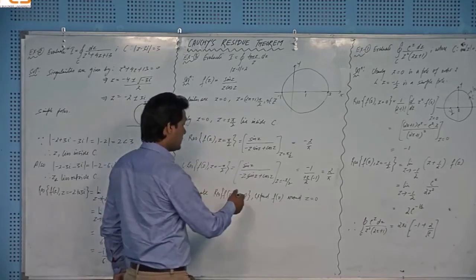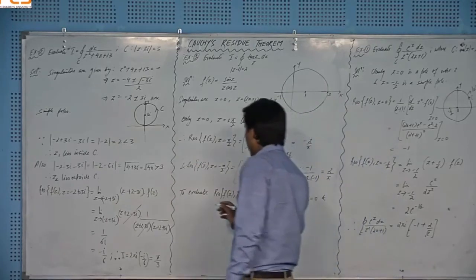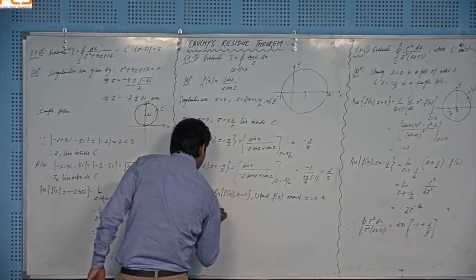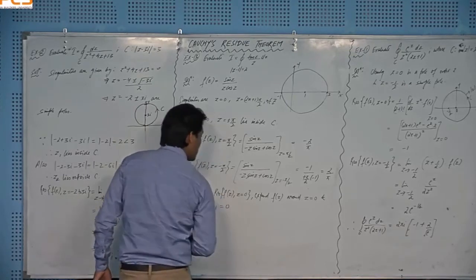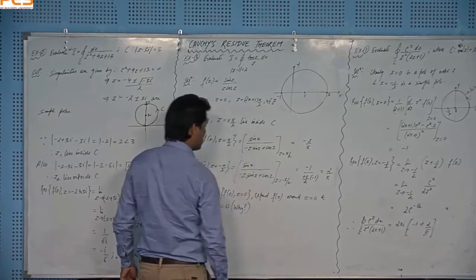Okay, expand this around z equal to 0, and you will see that your coefficient a minus 1 will be equal to 0, right? And you should know the reason why it happens, right?